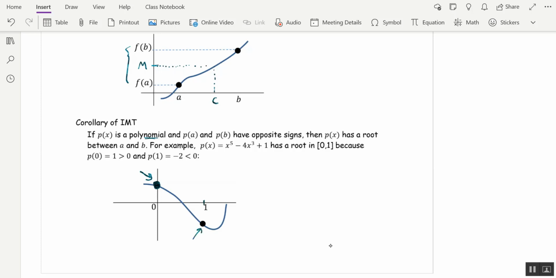If those have different signs, then the graph has to cross the x-axis to get from one value to the other. If it's going to go from positive to negative or negative to positive, and it's continuous, it's got to cross the x-axis somewhere. That's what we call a root. So you've got a root somewhere between 0 and 1. All right, and that is the end of this section.